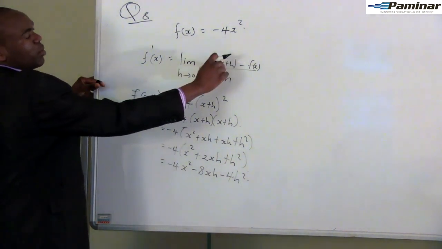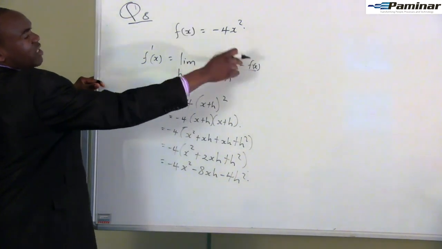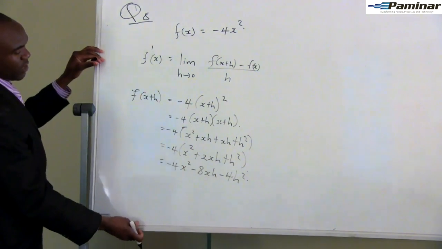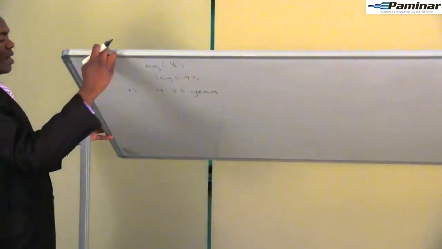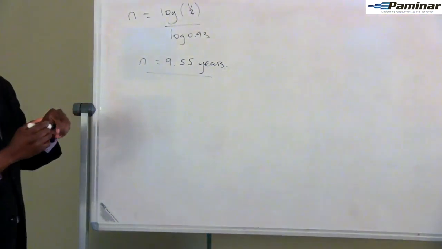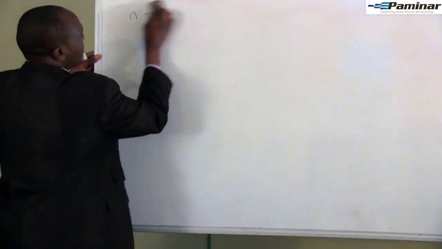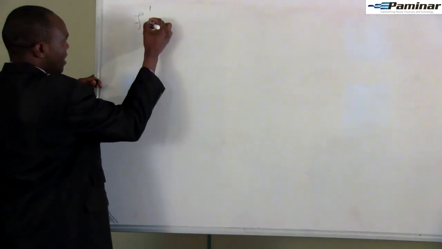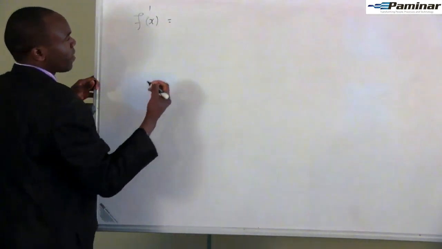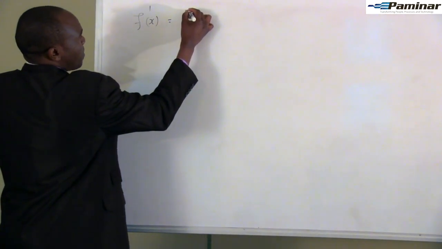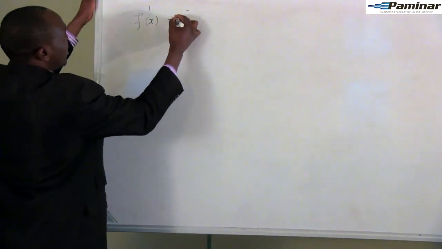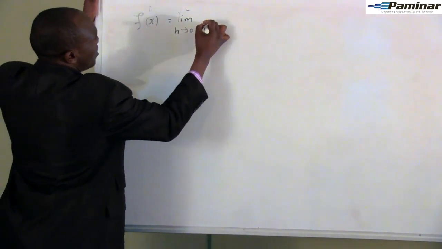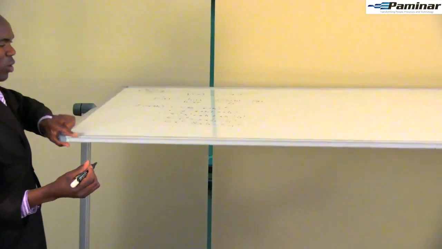Now let's input it here, and f of x is given there, and then we divide everything by h. So the first derivative is going to be the limit as h approaches 0 of, what do we have?